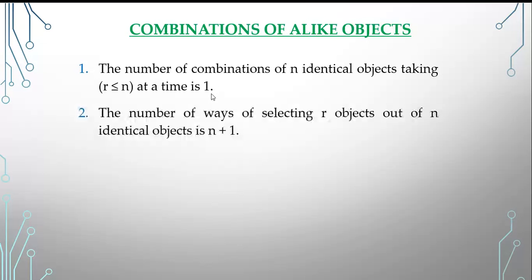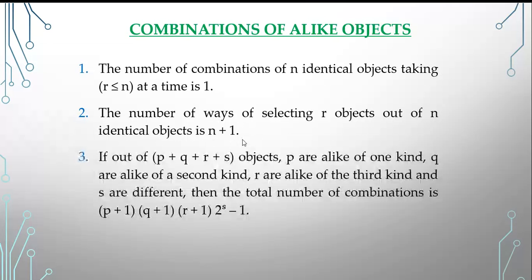Next, the number of ways of selecting r objects out of n identical objects, where r can be any number from 0 to n, is n plus 1. You have to remember this.